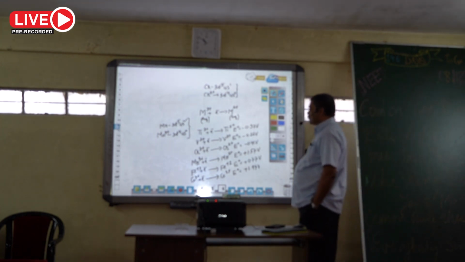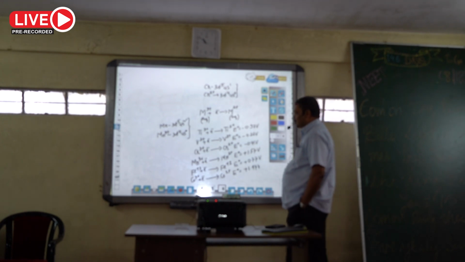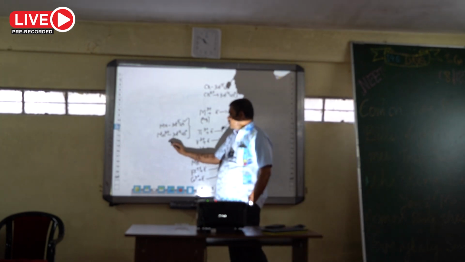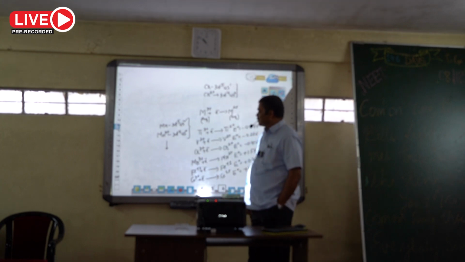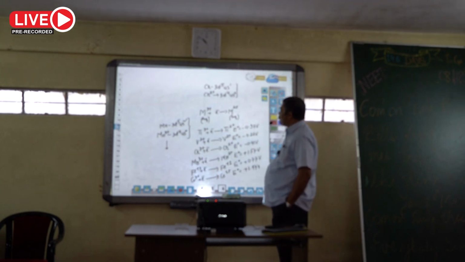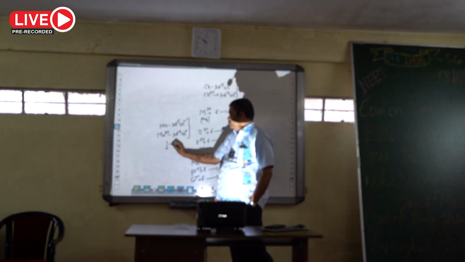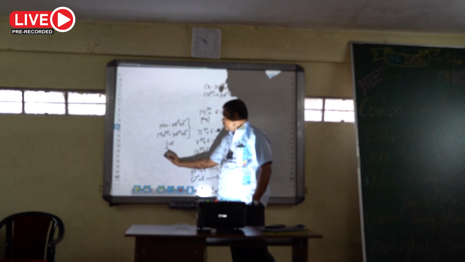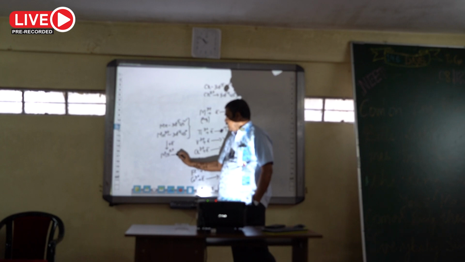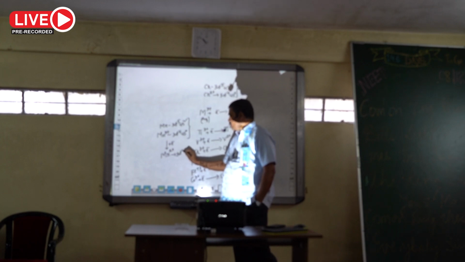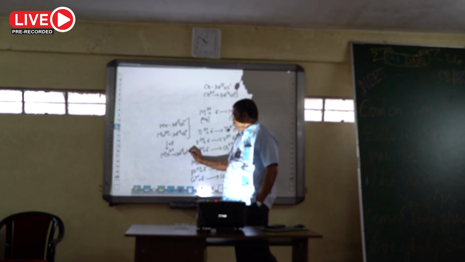Suppose in the case of manganese 3+, if you add one electron, it becomes Mn2+ and its configuration becomes 3d5 4s0.